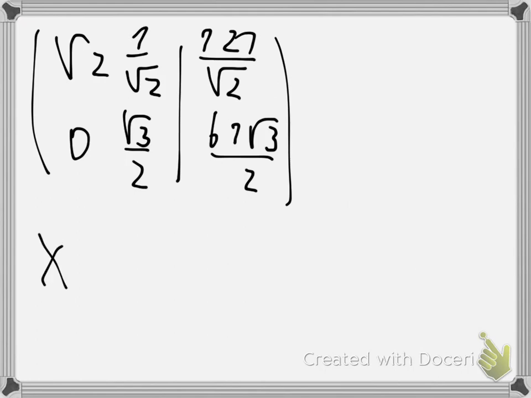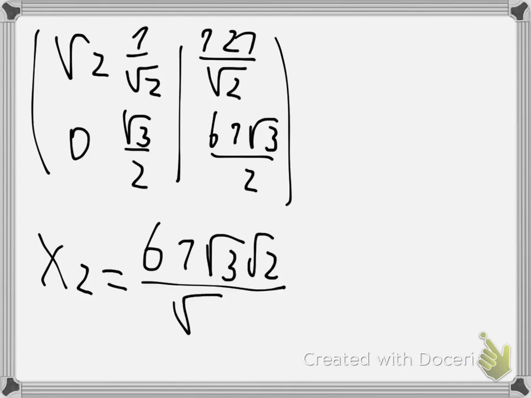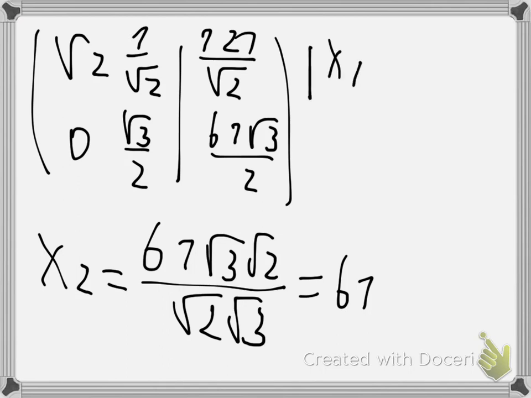And then you should get that x2 is equal to 61 times square root of 3 times square root of 2 over square root of 2 over square root of 3, so 61. And then you should get that x1 is 1 over square root of 2 times the following.